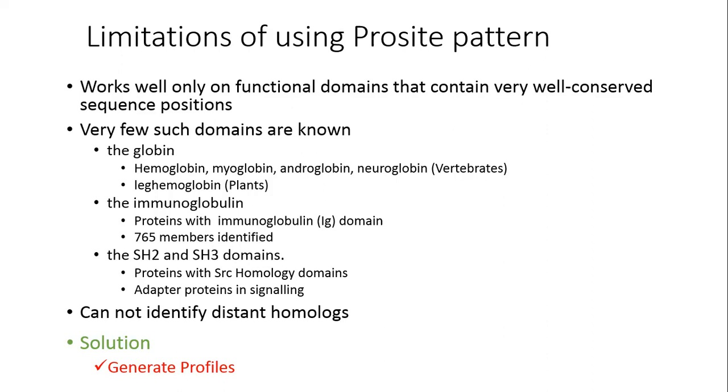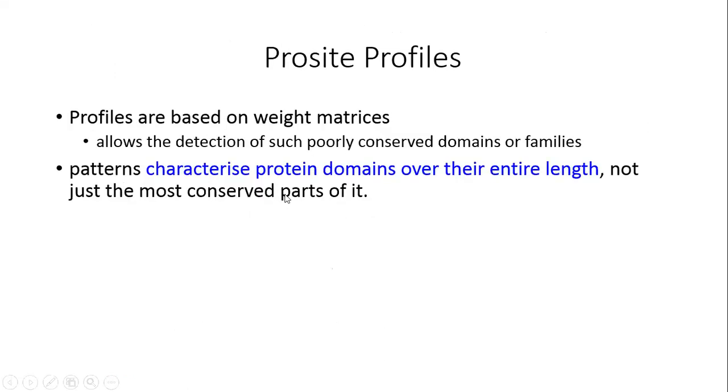In such a case, in order to identify such distantly related protein sequences, and the domains and functionalities involved in them, we generally use profiles instead of patterns, right? So let us talk about PROSITE profiles first.